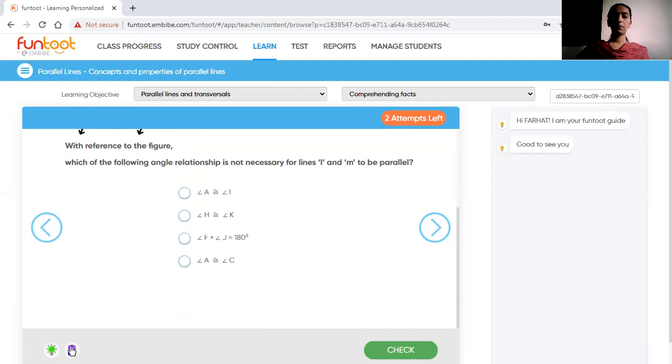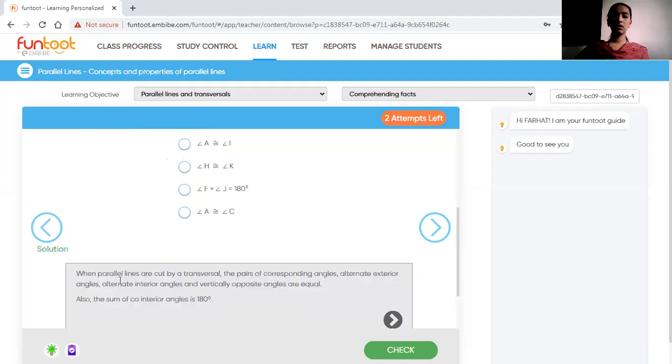Okay, now let's take the answer. When parallel lines are cut by a transversal, the pair of corresponding angles or alternate exterior angles, alternate interior angles, and vertically opposite angles are equal. Yes, students, we already know this.